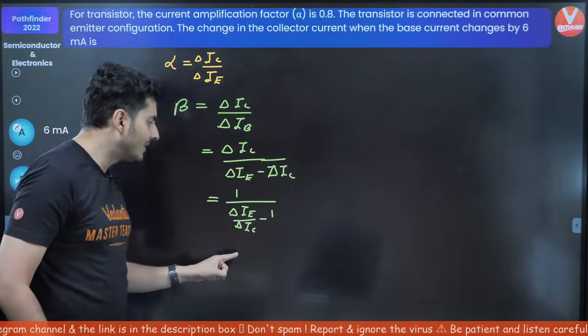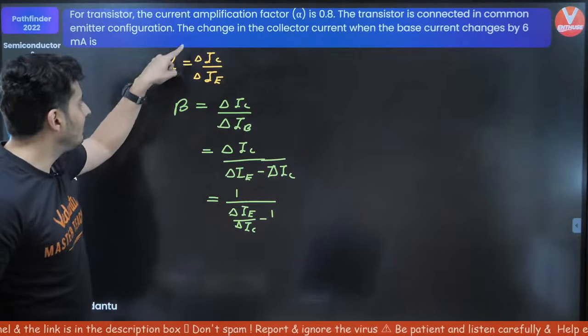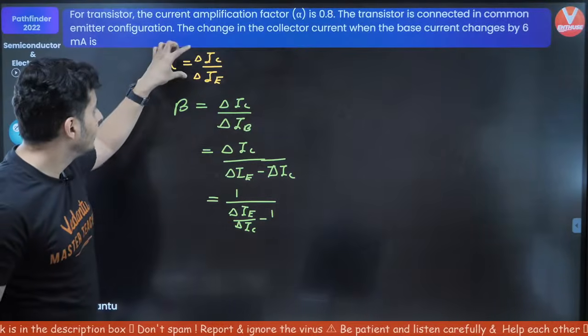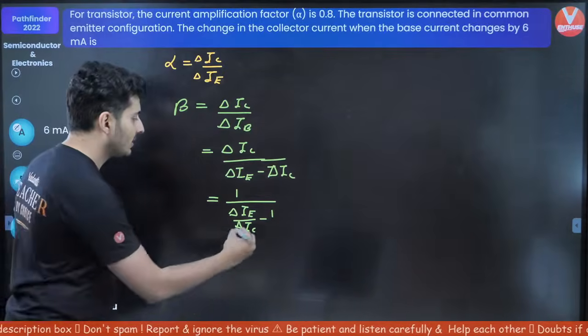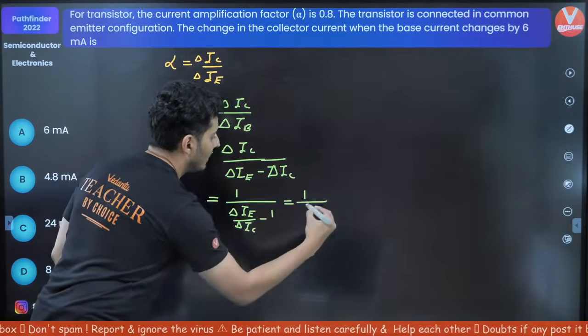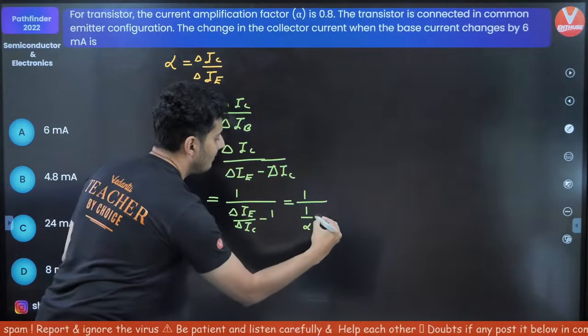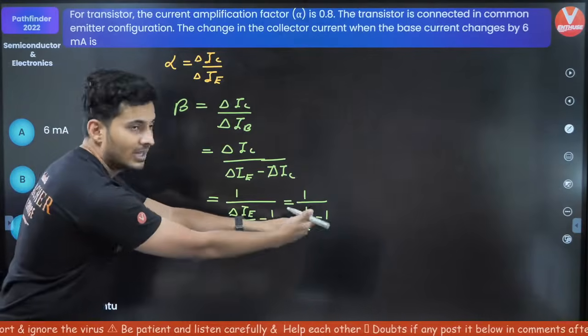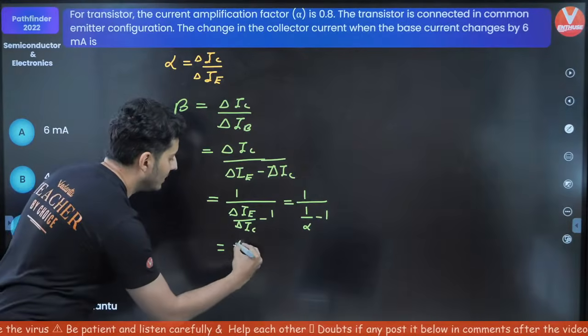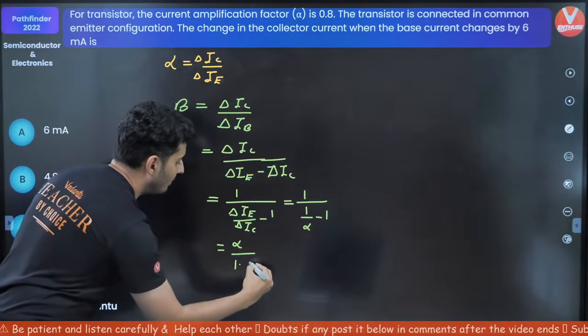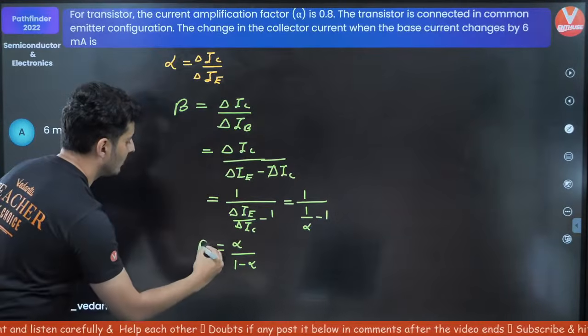Now I can see the alpha value is related over here. That's exactly the reciprocal of this. So I can write this as 1 upon (1 by alpha minus 1). Now take the LCM, and you will see that alpha goes on the top and it becomes alpha upon 1 minus alpha. That is your beta.